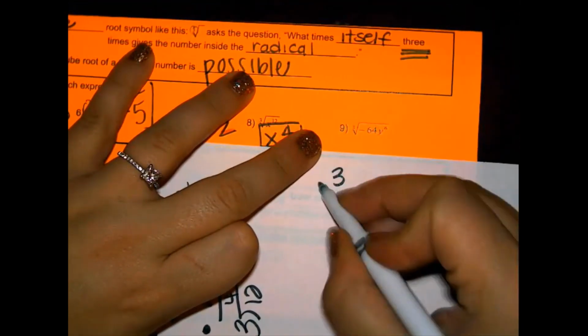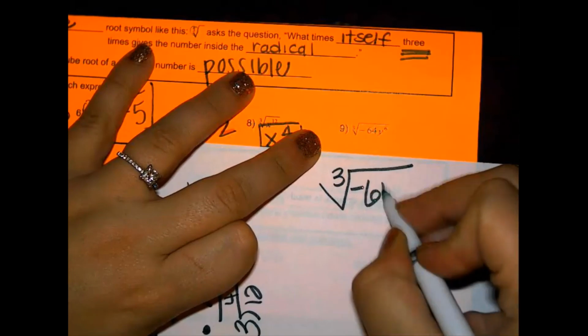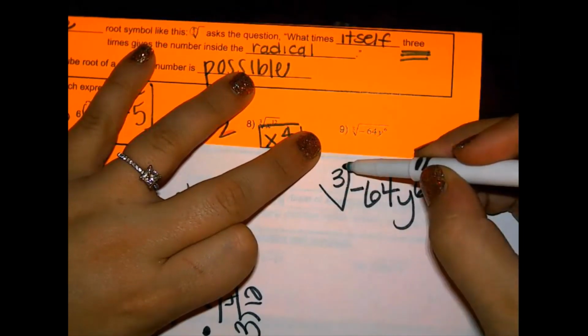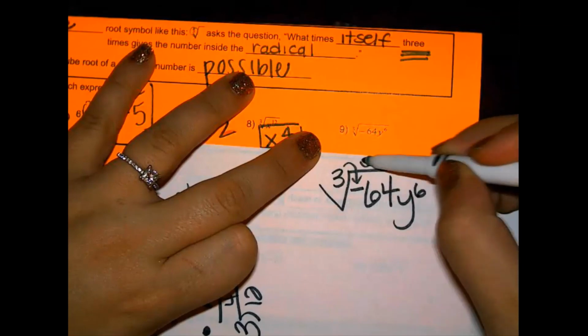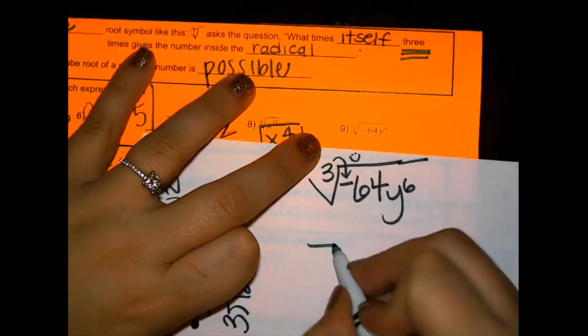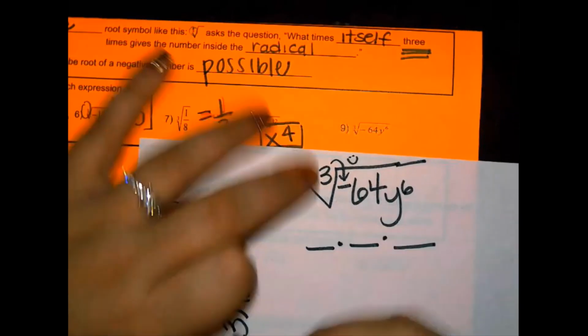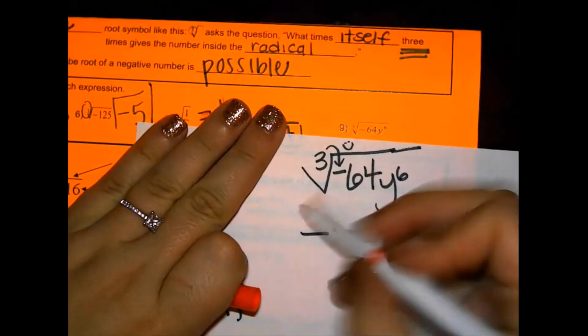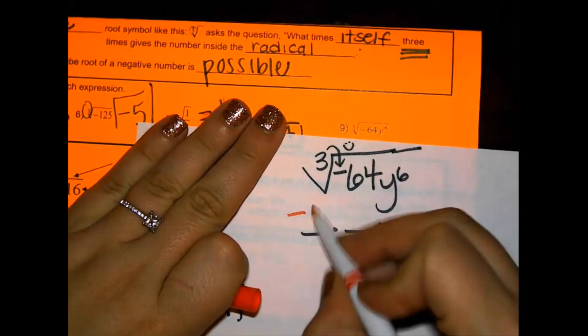Okay, let's try this next one here. It's the cube root of negative 64y to the 6. First of all, when the index is odd, it's okay to be negative. So we have to think of what times itself 3 times would make negative 64. If you didn't have a calculator, you would make a guess.